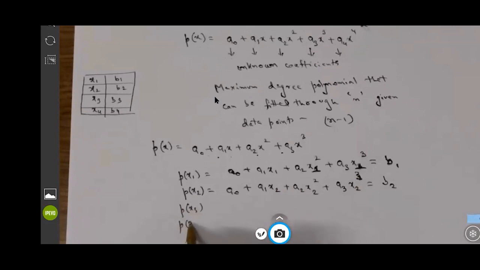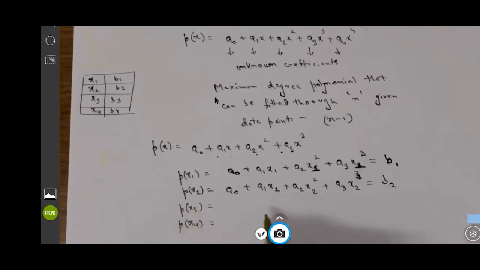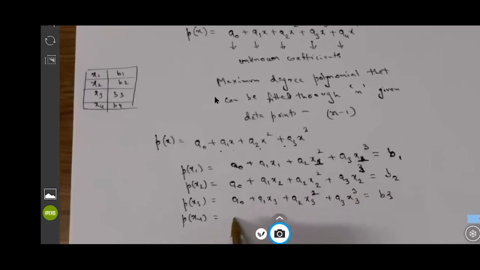And similarly, you have for P of x3 and x4, and you will see it is a0 plus a1 x3 plus a2 x3 square plus a3 x3 cube is equal to b3. And similarly for x4, it will be a0 plus a1 x4 plus a2 x4 square plus a3 x4 cube is equal to b4.